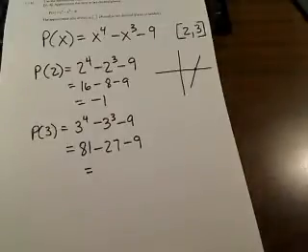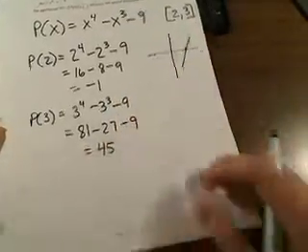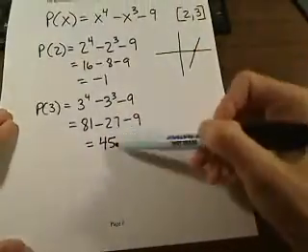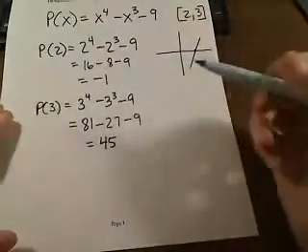So 81 minus 27 minus the 9, so we're getting 45 here. Okay, all right, so we go from negative to positive, so there's a 0 between 2 and 3.